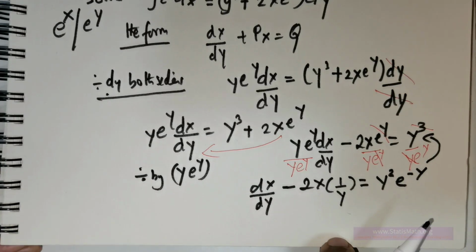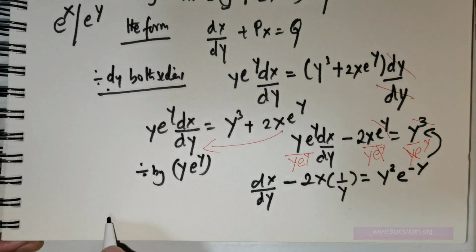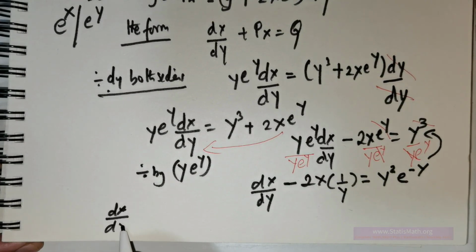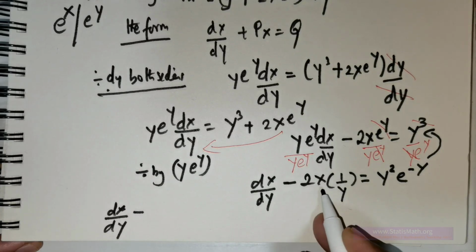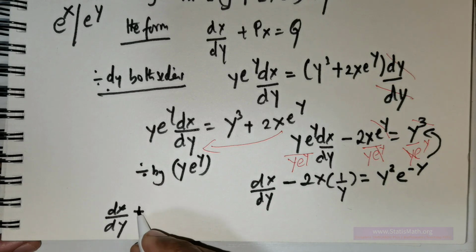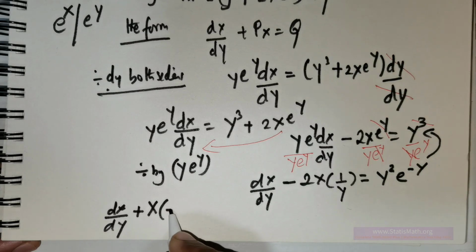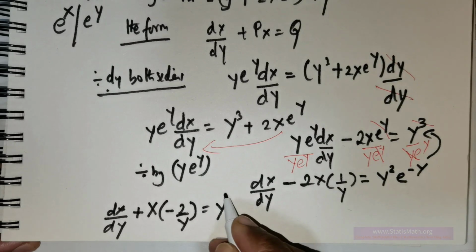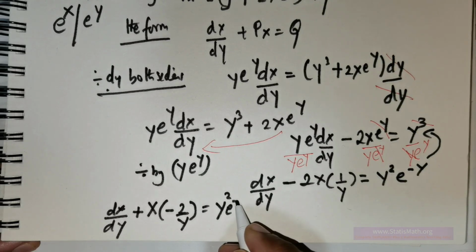Now just to polish these things up, this would be dx divided by dy, then a positive sign here and the x quantity there, and then I'm going to write it as negative 2 over y, is equal to y squared e raised to the power negative y.